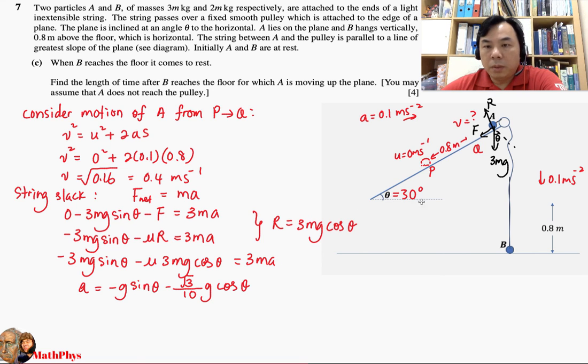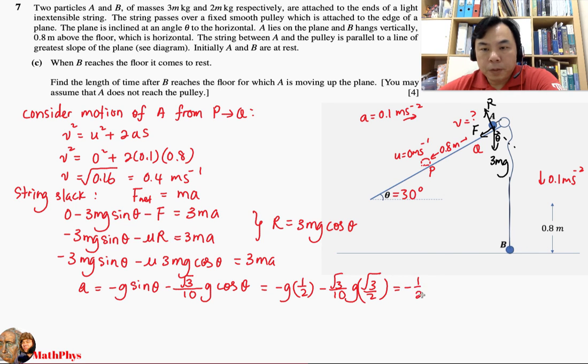So our acceleration would be sine 30, a half, minus 3 over 10 g, and cos 30. Therefore, we will get negative half g minus what we have here, 3 over 20.